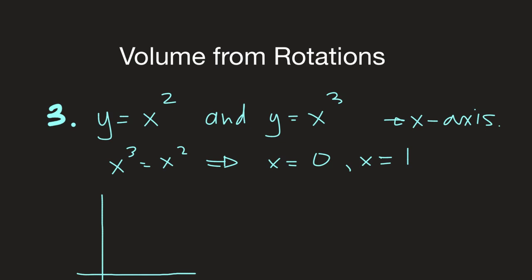If you remember, the origin is where x squared starts, and then it goes to the point 1, 1. So here's the graph of y equals x squared. Then we'll go to 2, 4, and so on up there forever. And then we have the graph of x cubed, which also has 1, 1 and 0, 0 as its points.